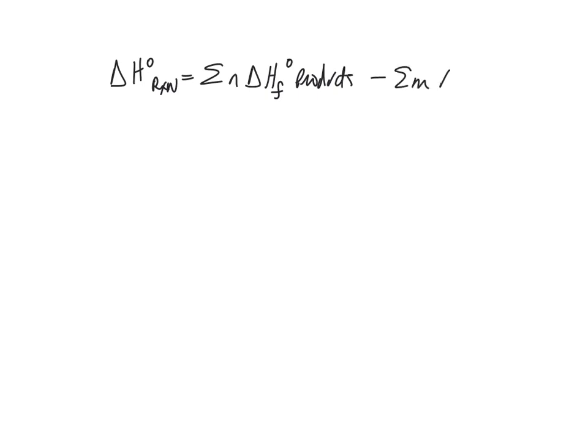So once again, you'll want to always write your equation, delta H of reaction, and that we're going to sum the delta H of formation of products minus the delta H of formation of reactants. And once again, this is the standard enthalpy of reaction. You can find this in Appendix 2. It's the first column. There's lots of data that you might need in general chemistry in those appendices.